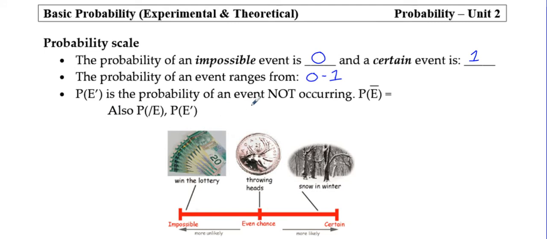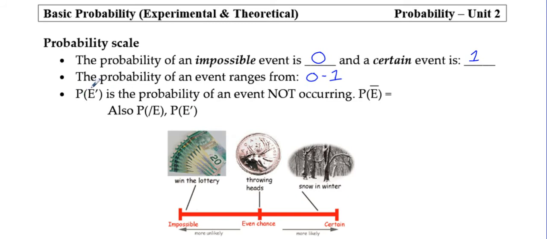So the probability of an event not occurring has this type of notation. So you can have an apostrophe to represent an event not occurring. More commonly, which we'll use in this class, is a line over top. Some people also write it with a slash before the E. Oh, I already wrote that one.